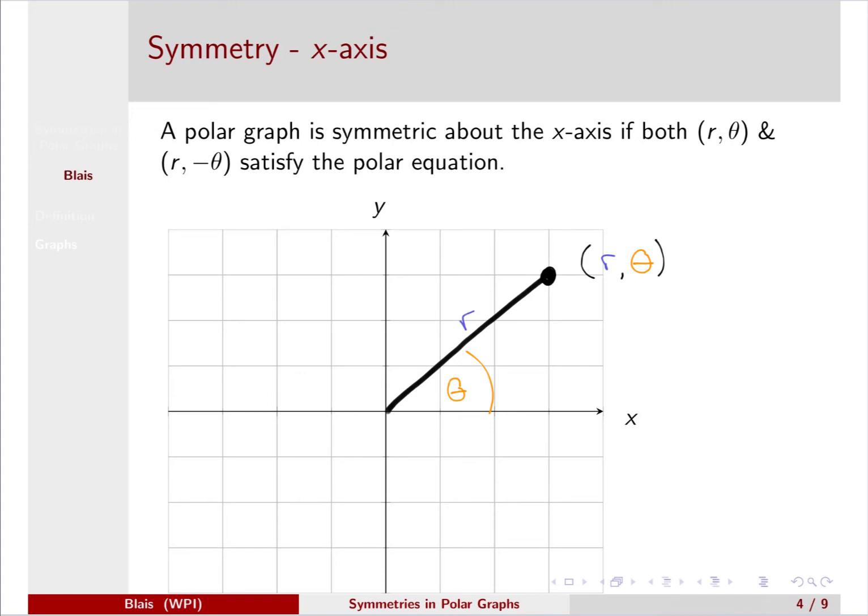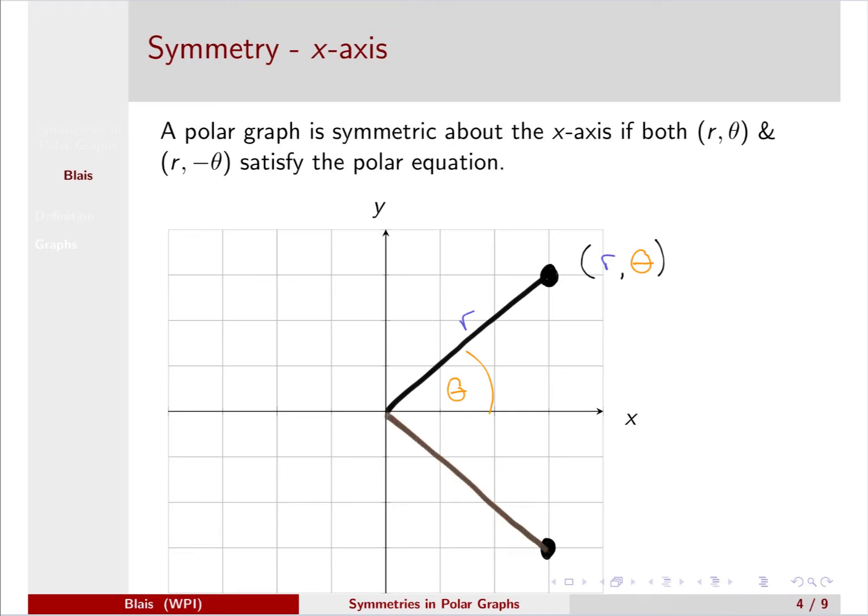So for this particular point here, its reflection down here may also satisfy the polar equation. And if we look at that reflection, we can characterize this in polar.